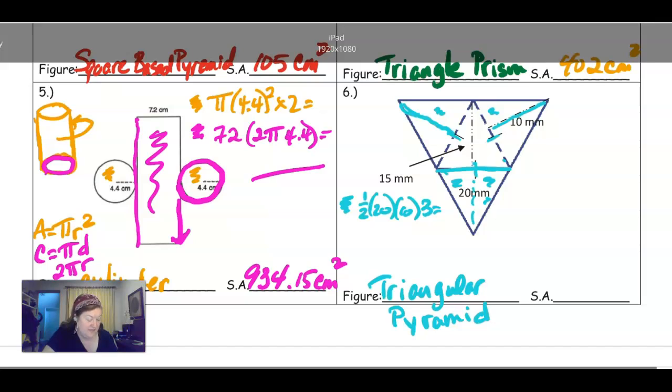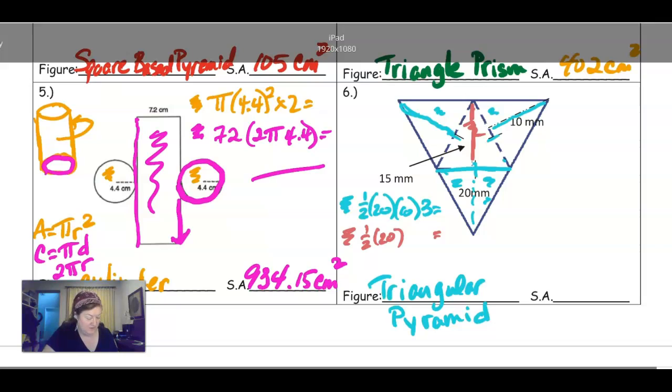Okay. On the inside, though, let's see, on the inside, this one is going to be 1/2. Its base is going to be 20, and there's only one of them, and its height is this amount right here. Do I know what that height actually is? Well, yes, they gave it to me, right?